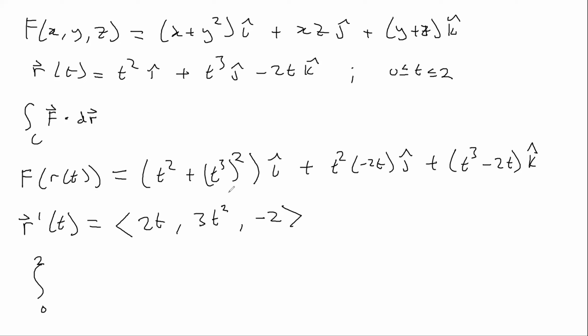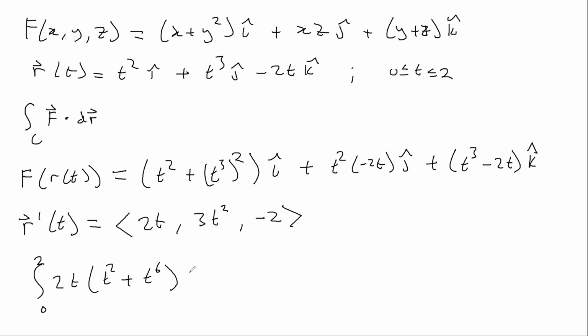Now F dot r'(t) is going to be 2t multiplied by t squared plus t to the power 6.